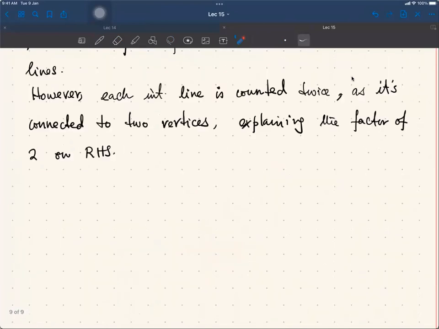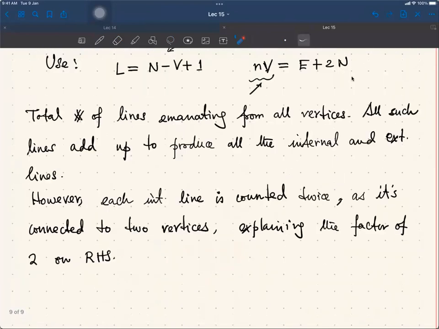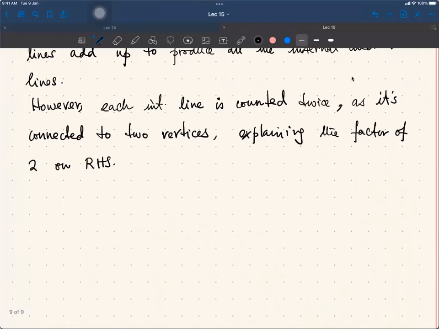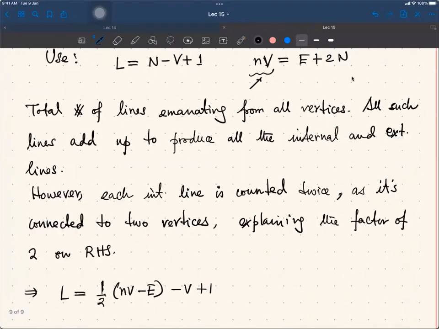So now using these two equations, we can write L. So this is just to explain that notation I, L, comma n. And now let's come back to this superficial degree of divergence and discussion of that. This is L equals half n times v minus e minus v plus 1. That's how you can write using these two equations.